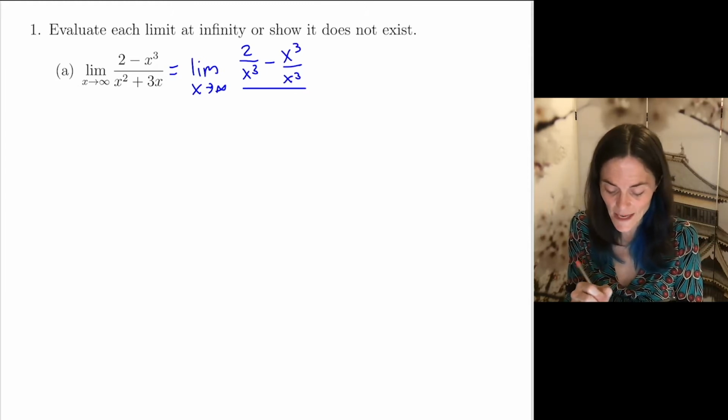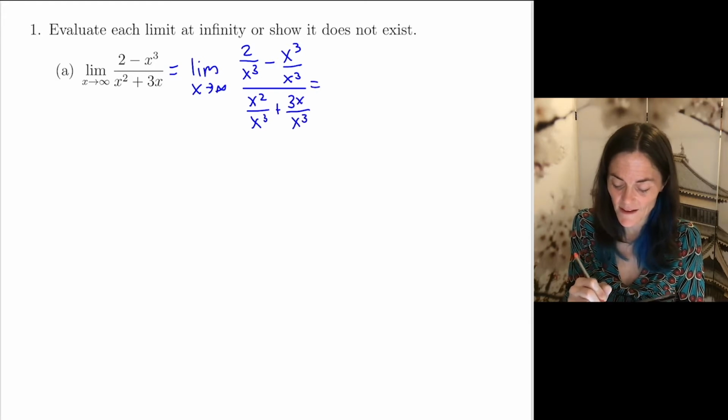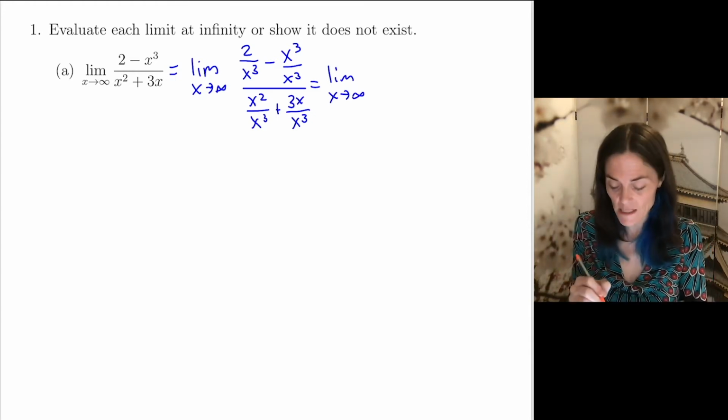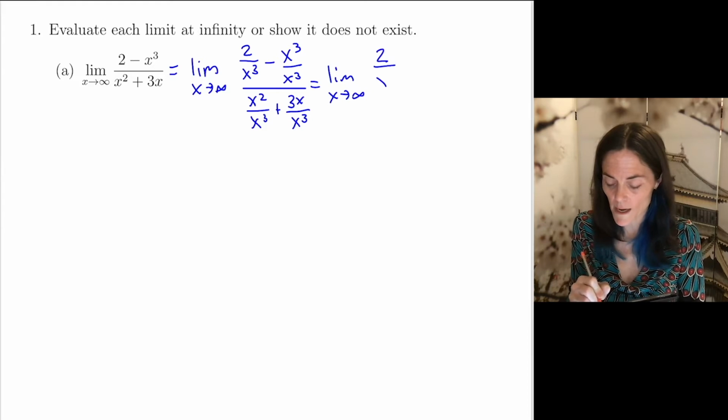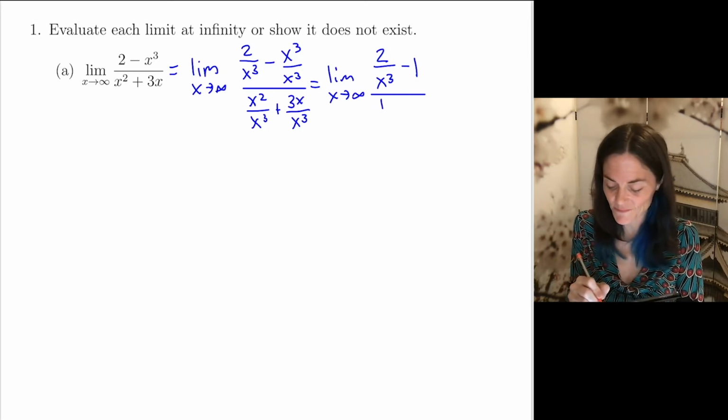And then in the denominator, we have x squared over x cubed plus 3x over x cubed. Each one of these we simplify using properties of exponents. We have 2 over x cubed minus 1, and then we have 1 over x and 3 over x squared.